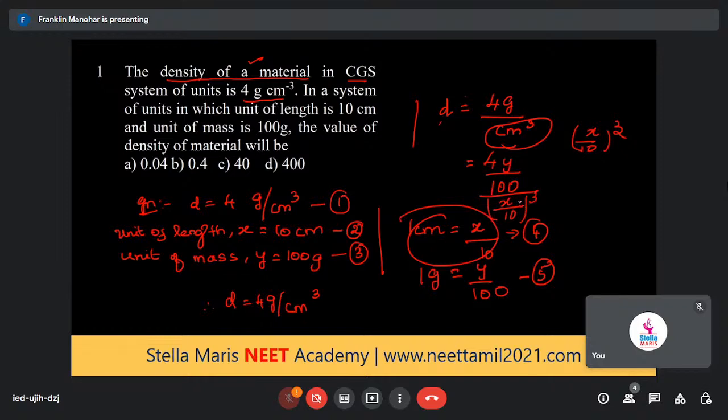Right? So X cube divided by 1000. So that can be rewritten as 4Y divided by 100 into 10 to the power 3, it is 1000, divided by X cube. The denominator goes to the numerator side. Okay?